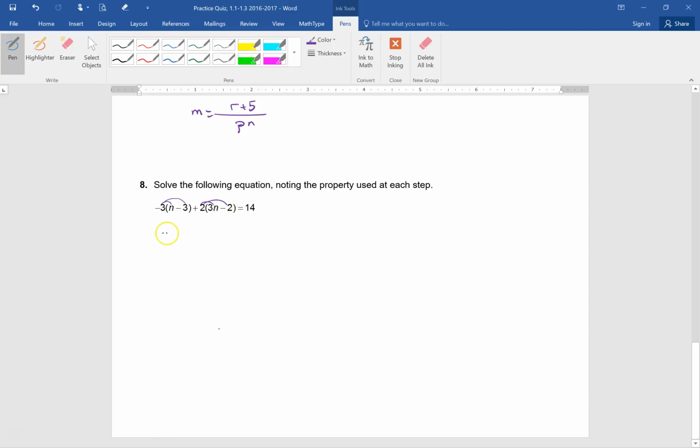So I'm going to get negative 3n plus 9 plus 6n minus 4 equals 14. So what did I do here? Distribute. So this was the distributive property.